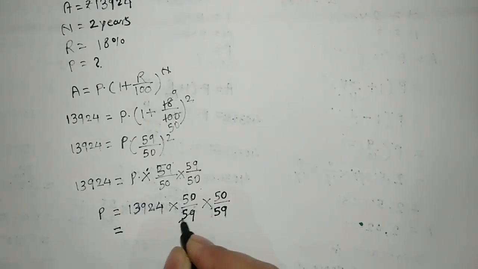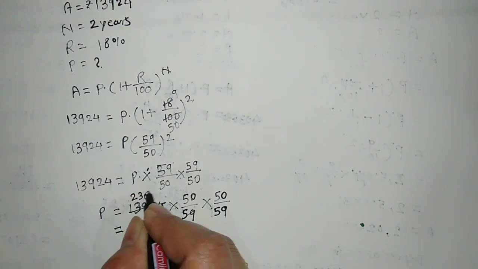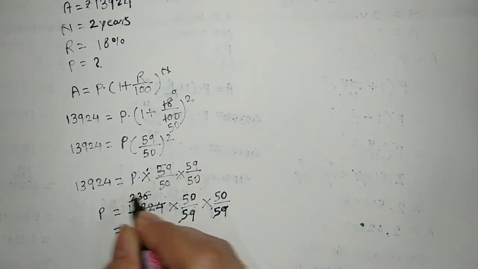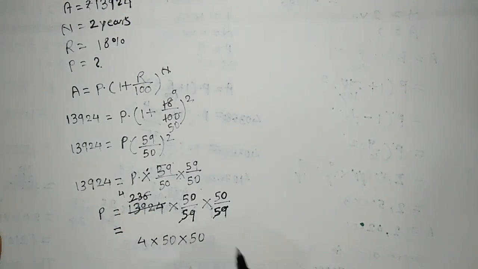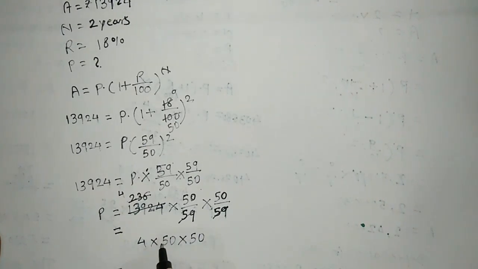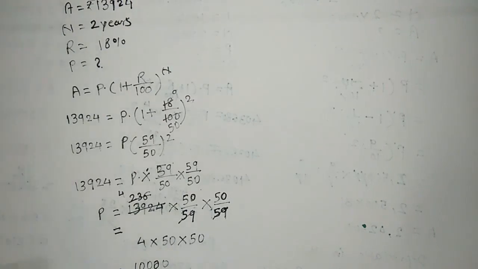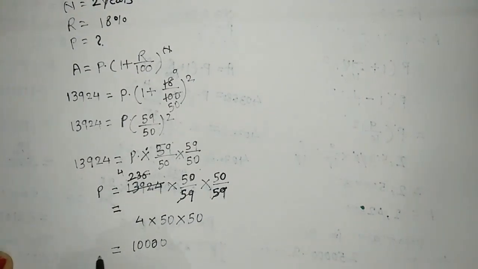If we take this division, then it is 236. Again divide by 59. It is a 4. So take the multiplication of 4 multiplied by 50 multiplied by 50. So it is 10,000. 4 50s is 200, 200 50s is 10,000. So the principal is 10,000 rupees.